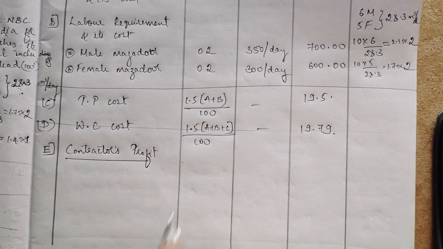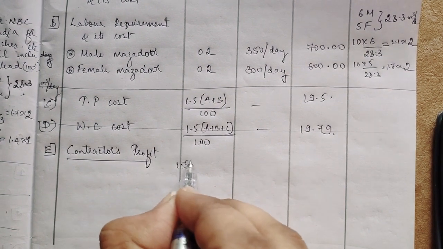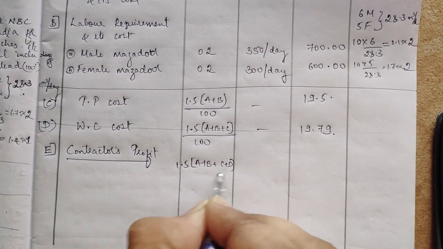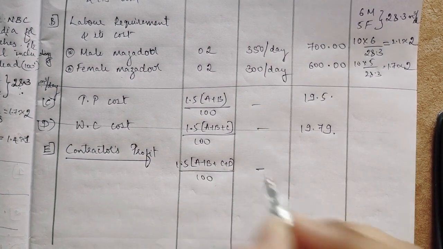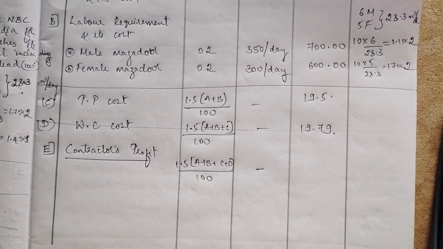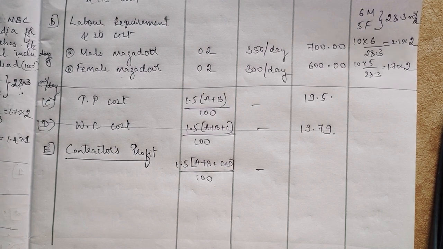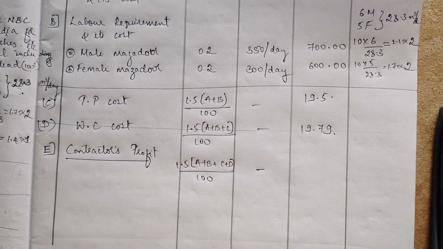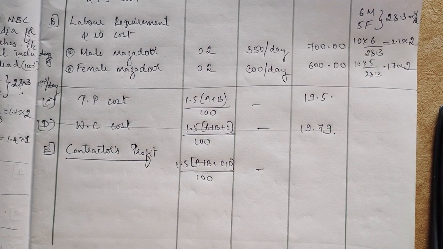Contractors profit, it will be 1.5 of A plus B plus C plus D divided by 100, it would be 133.39.